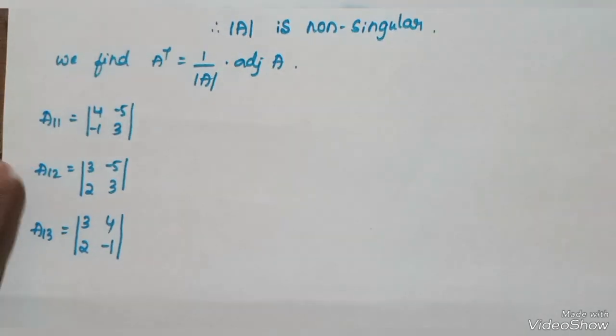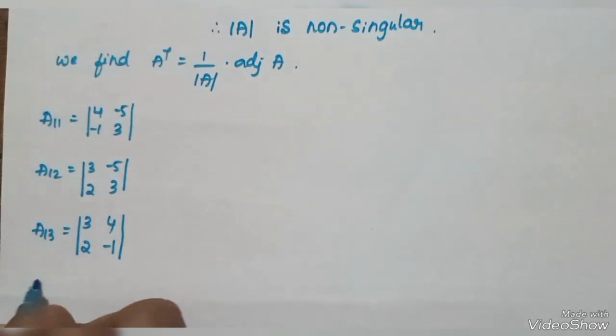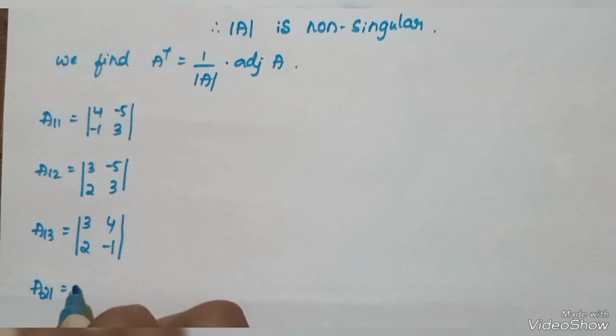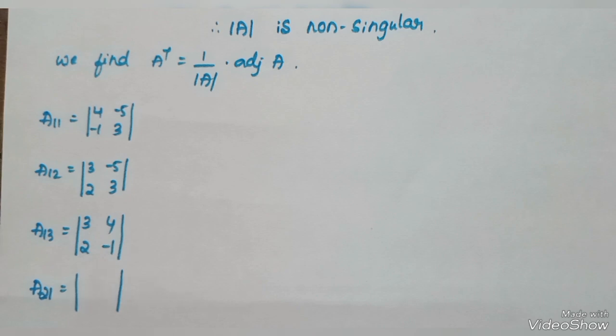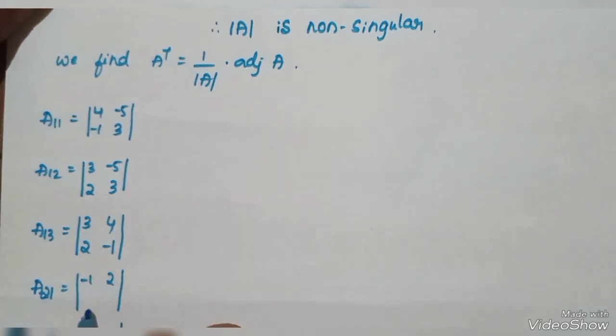Okay, neglecting the row and column of the element which is present, that is a21, a22, a23, the elements are minus 1, 2, minus 1, 3, 1, 2, 2, 3, 1, 2, 1, minus 1, 2, minus 1.